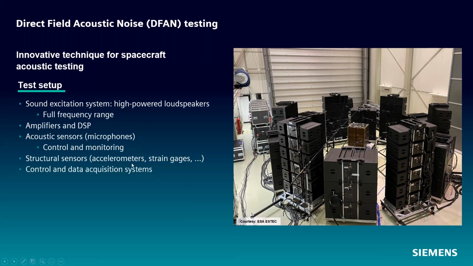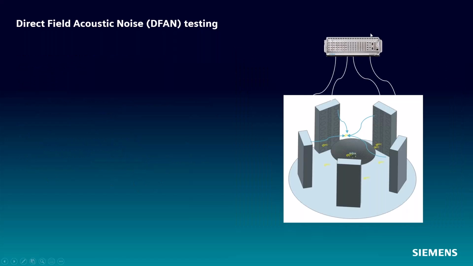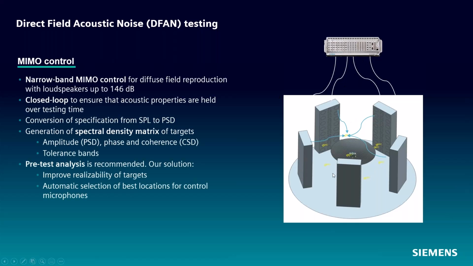The test article may be instrumented with accelerometers, strain gauges, et cetera, and then you need to have this control and data acquisition system. Here's a SCADAS lab, and you have all these sources going out to the separate speaker stacks so that they can be controlled individually and thereby better control the uniformity of the sound field. And we use this MIMO control to do this, and you do this with narrowband PSDs up to 146, 150 dB.